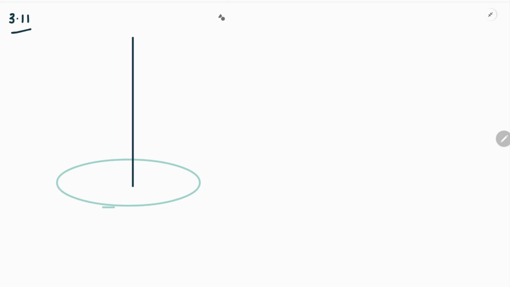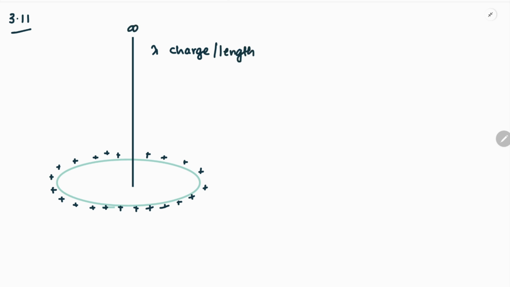If we explain the charge distribution on the two surfaces, then I can say that some positive charge is on this ring, followed by some charge which is represented as lambda, charge per unit length, on this particular linear charge distribution, which extends up to infinity. So this is the system which the question is referring to.